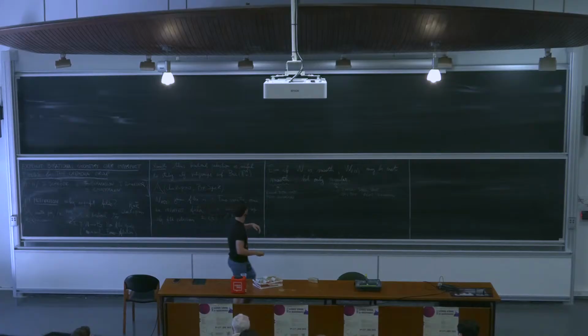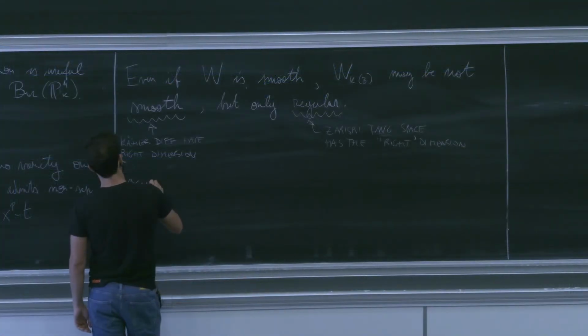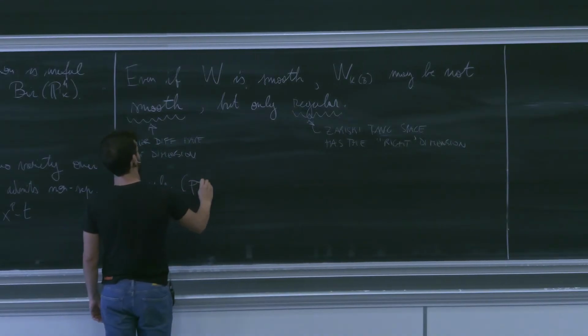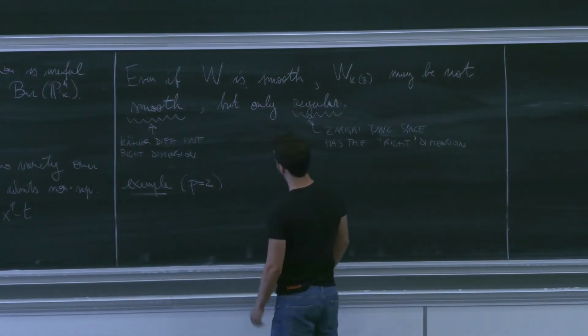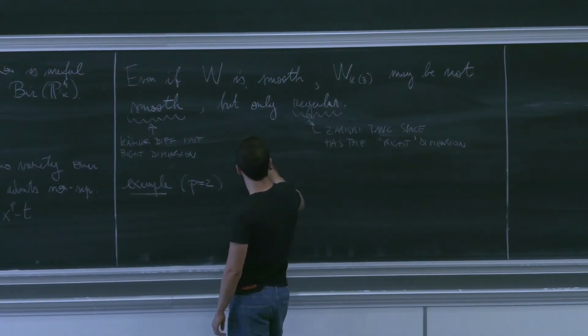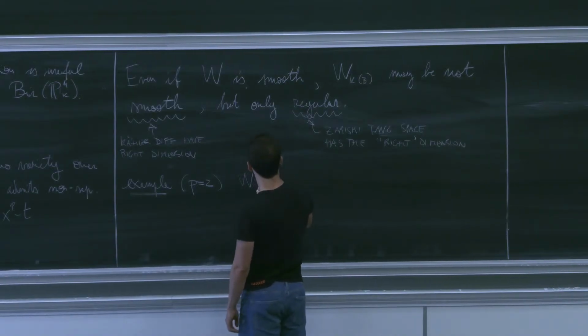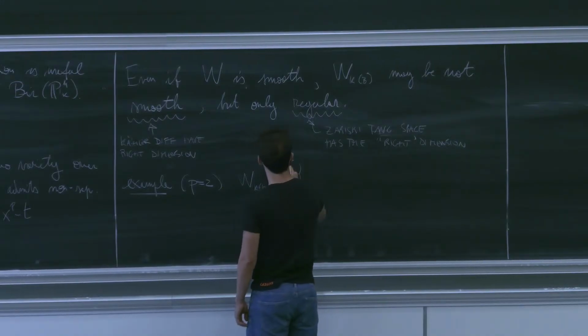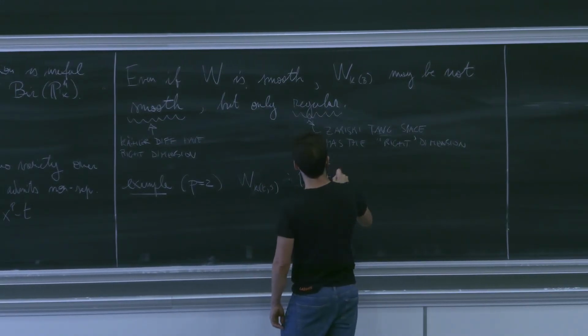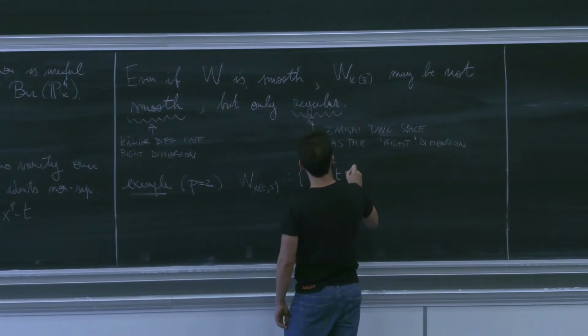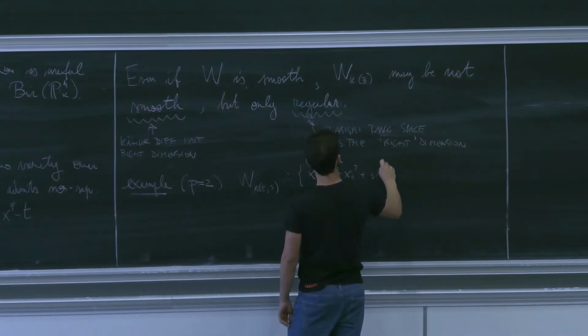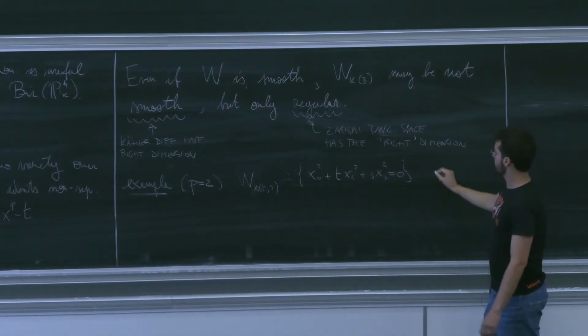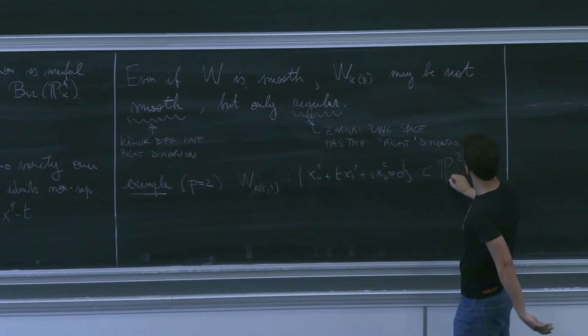So let me write down an example, in my favorite characteristic, which is 2. Let me write W over F, where F is k(t,s). This is defined by x0 square plus t x1 square plus s x2 square, inside P2 over this field.